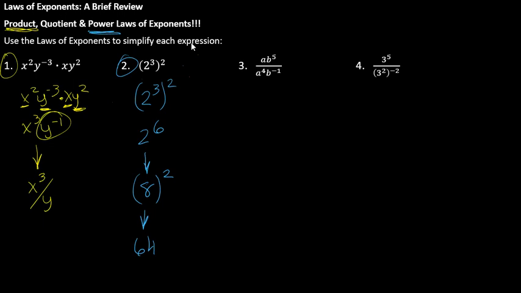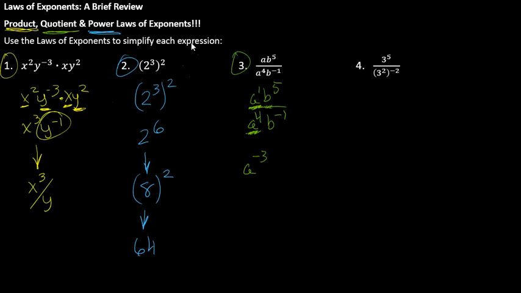Okay, next example. Same idea here as what we did there in yellow on number 1. So a times b to the 5th all over a to the 4th times b to the negative 1. So we're doing our quotient law here, so we're going to match bases. So a, and this is a to the first power, of course. So 1 minus 4, that would be a to the negative 3.